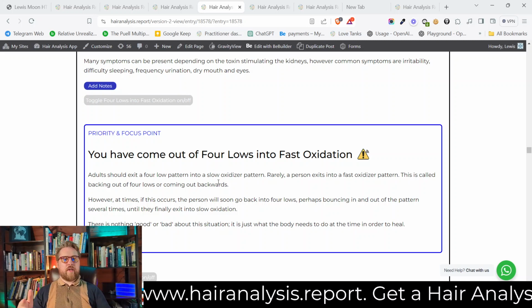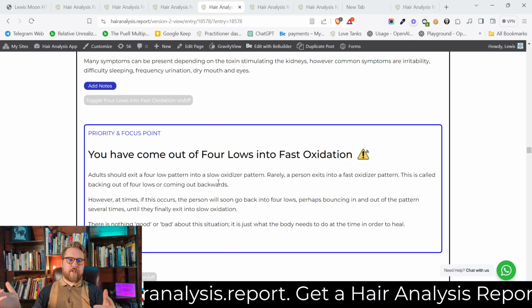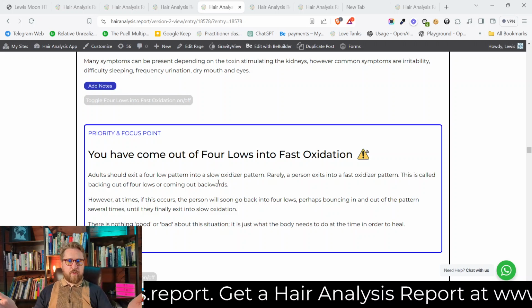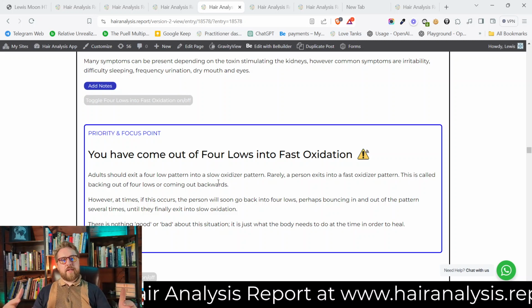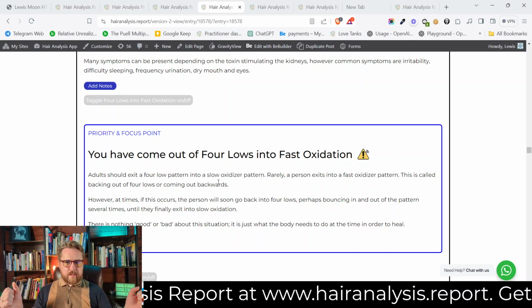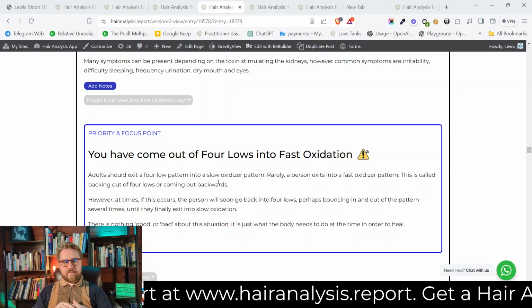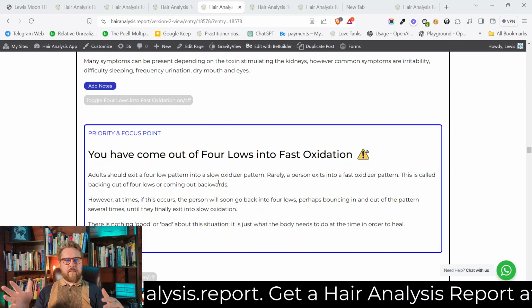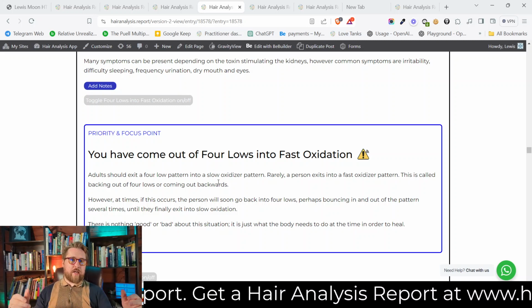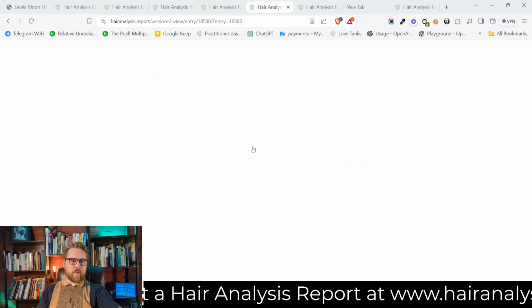It's also important to note that if you come out of four lows into slow oxidation, we will put you on a slow oxidation program, because we want to keep people out of four lows. If the body has done what it needs to do, the resting and the rejuvenation, then we want to give minerals that will keep a person out of four lows.